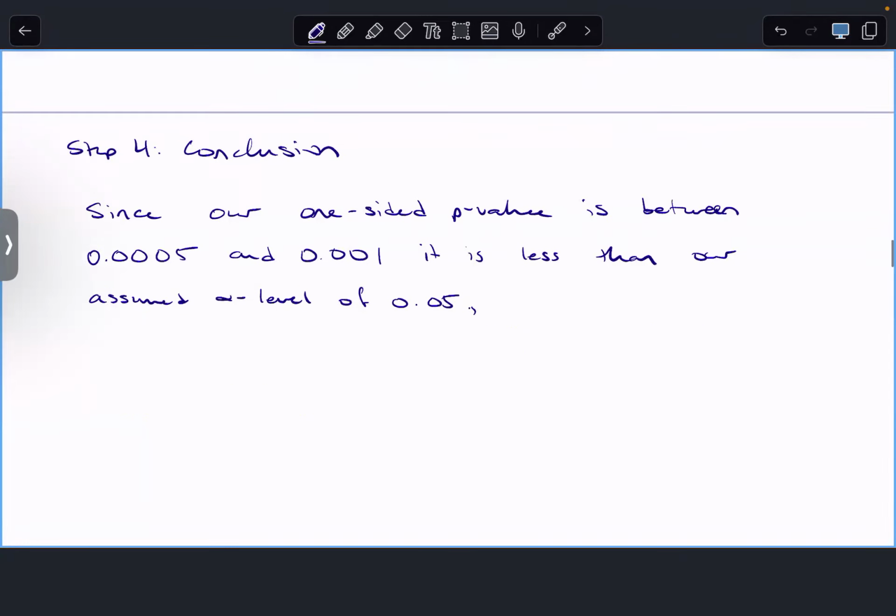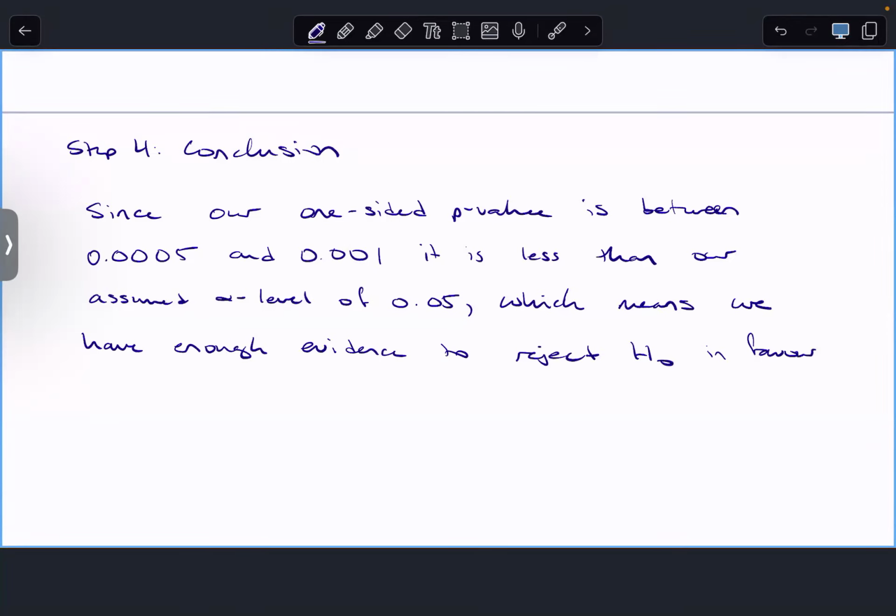Which means, I'll do a comma instead of a period, kind of a run-on sentence, which means we have enough evidence to reject H naught in favor of HA.